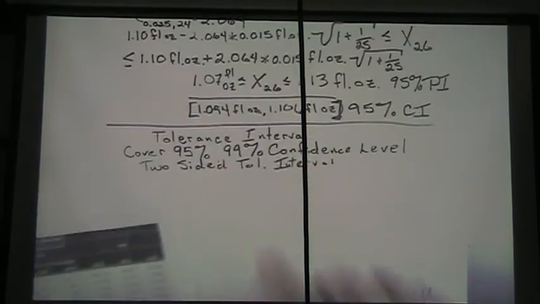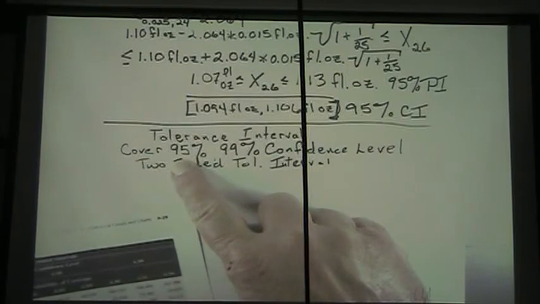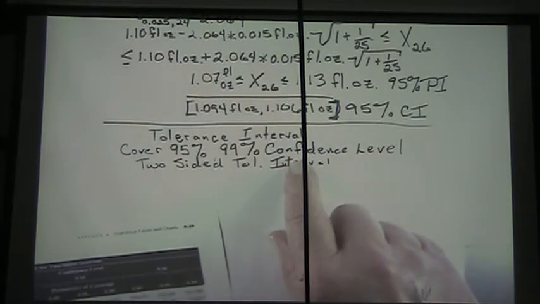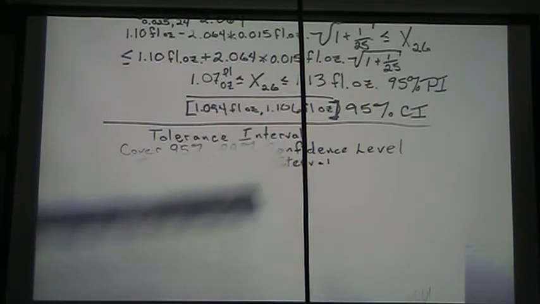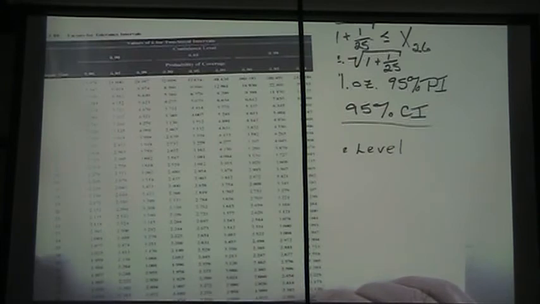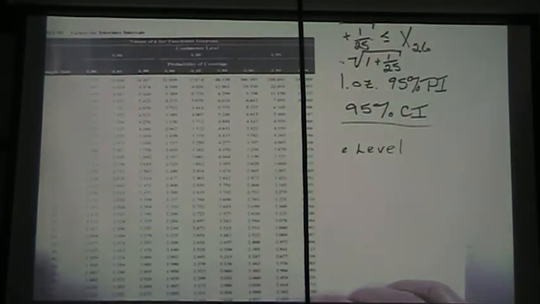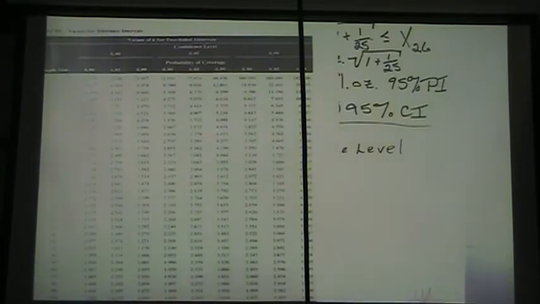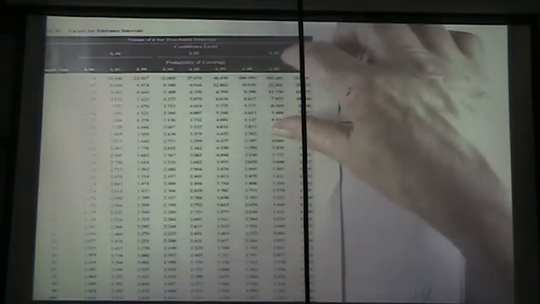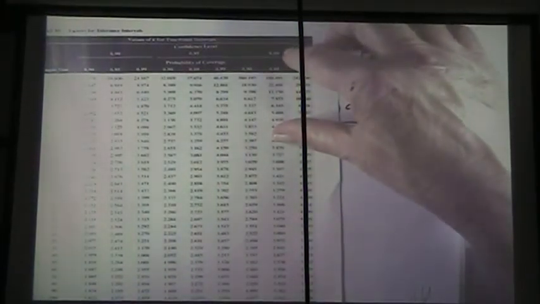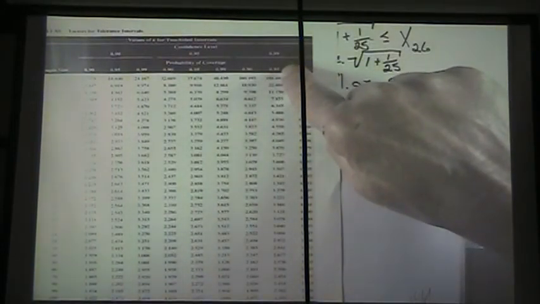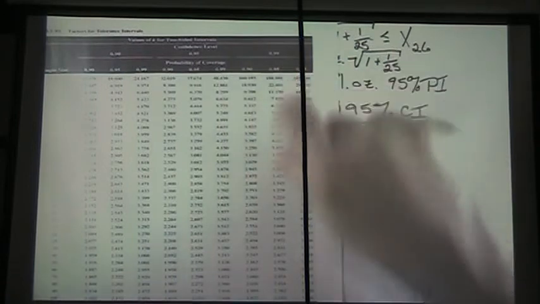All right, so we want a probability of coverage at 95% and a 99% confidence level. All right, so that means that we are all the way over here, our 99% confidence level, and we want 95% coverage.